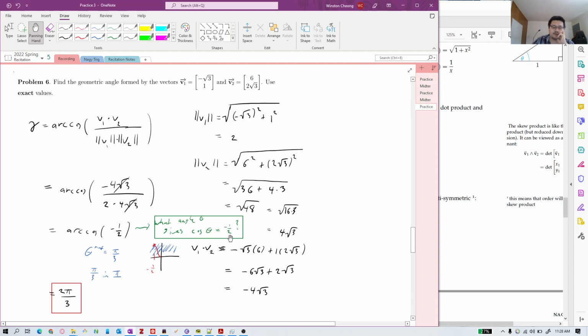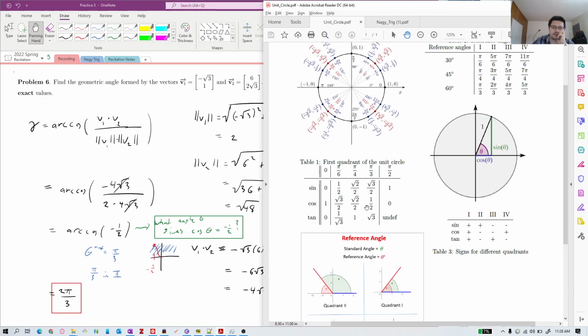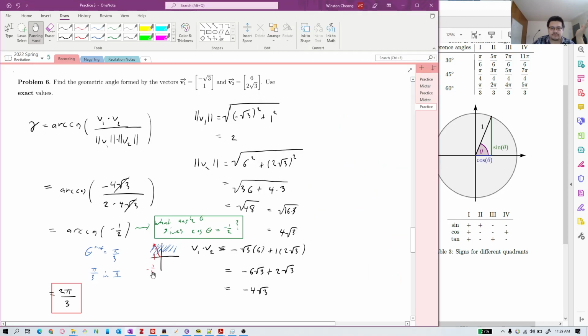And so if you remember your unit circle, cosine is 1/2 for pi over 3, for 60-degree angles. To get negative 1/2, we need the cosine to be negative. So that's going to be in the left quadrants, quadrants 2 and 3.